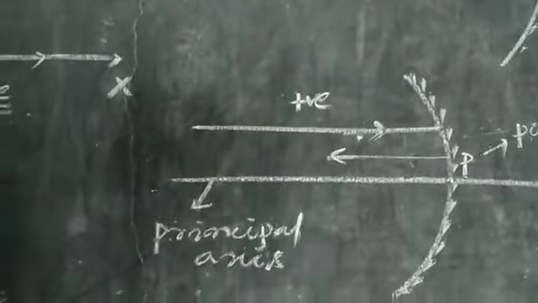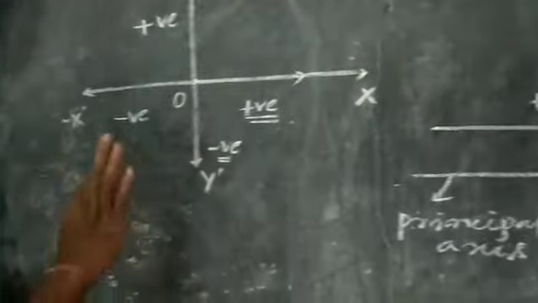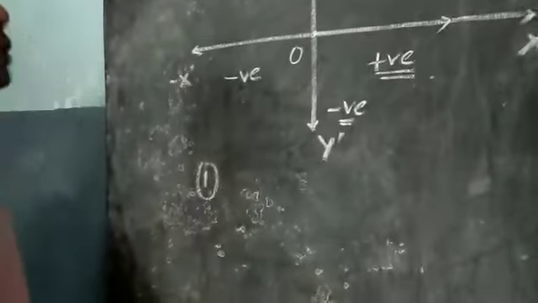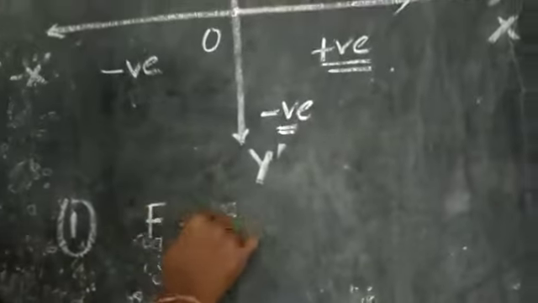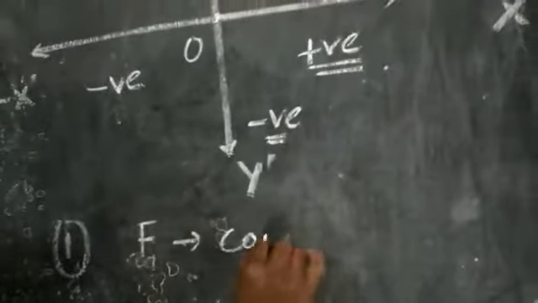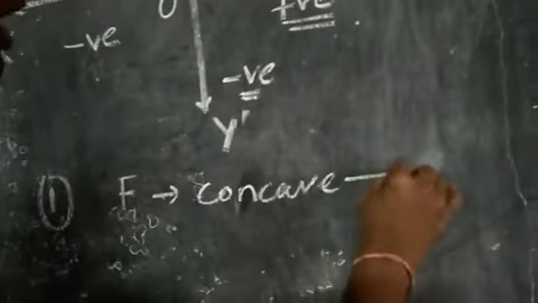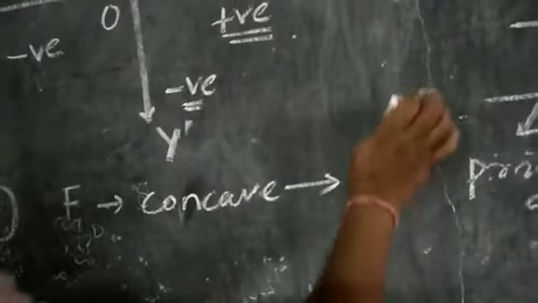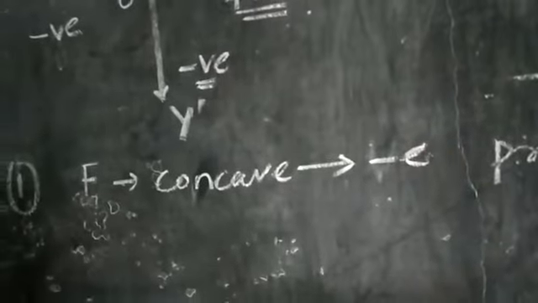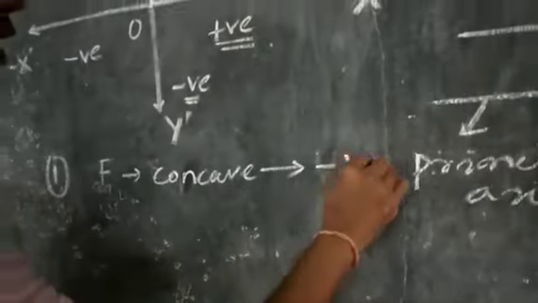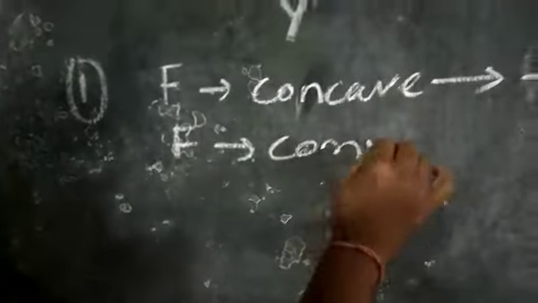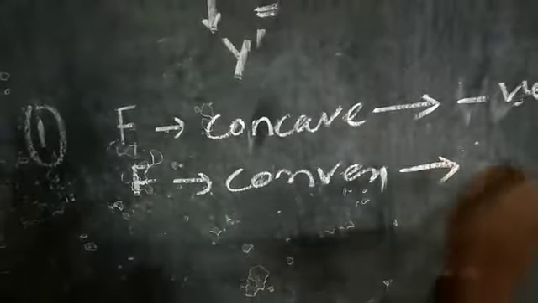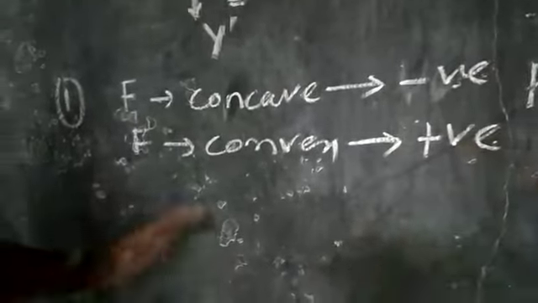The first rule is that there are two types of mirror, so the focal length of a concave mirror is always negative, and the focal length of a convex mirror is always positive. You have to remember this.